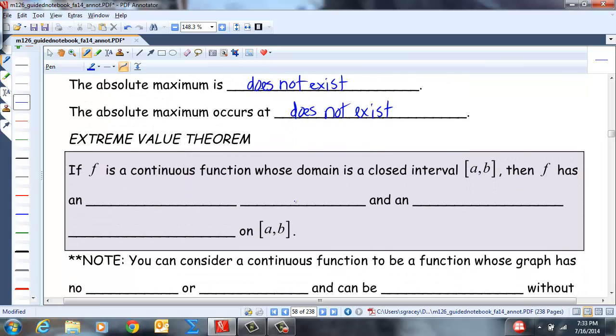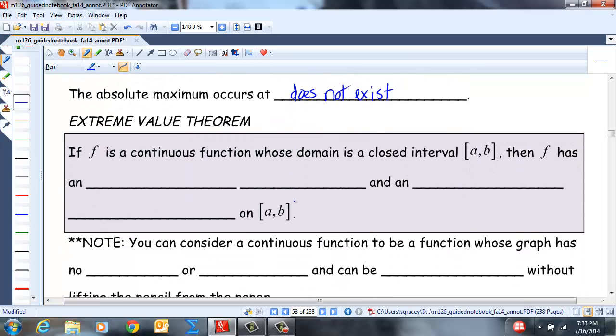Okay. So now the extreme value theorem states that if you have a continuous function whose domain is a closed interval, that means it includes the endpoints, then f, and continuous basically means, at your level of math, that you can draw the graph without lifting your pencil.